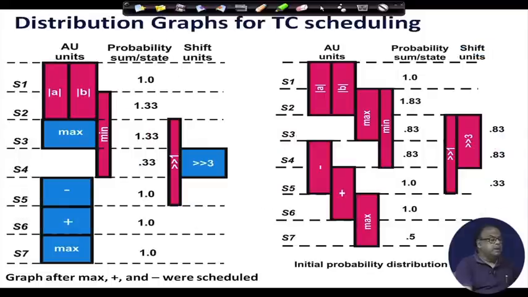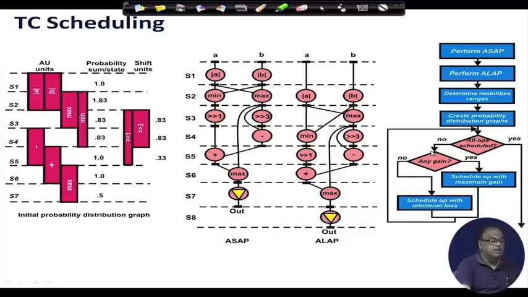This was my initial probability distribution graph, right. Now, I have not discussed the shifting here. The shift could be done either here at S3, S4 or S5. So, its chance of being scheduled is in either of these, and shifting by 3 is in either of these two, all right. So, you get the values, this clear?